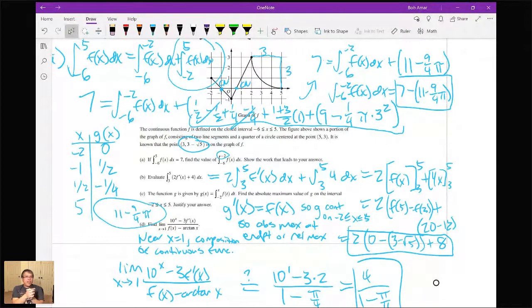If you find the area under the curve of a derivative function, that is going to tell you the difference in function values for the original function, the function that you differentiated. So there's lots and lots of ways that you can use the graph of a derivative to solve FRQ problems on the AP exam, and this is a very broad swath of all of those different things. Okay.